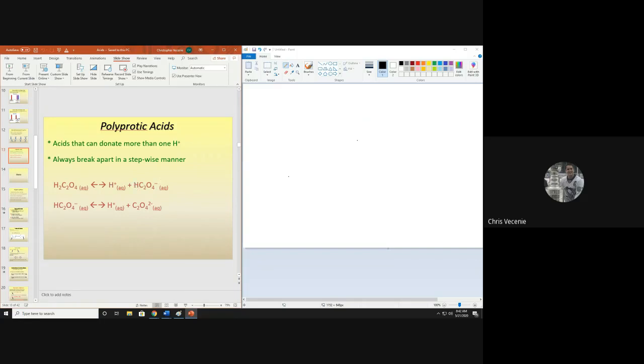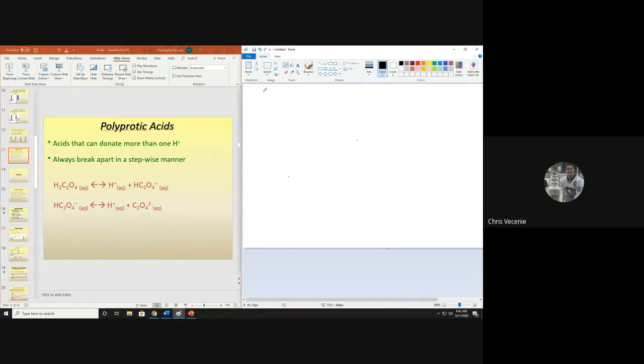There's still an H remaining after it gives away its first one. And that ion is then able to give a second H to a different water, creating the C2O4 -2. So it happens in 2 separate steps.